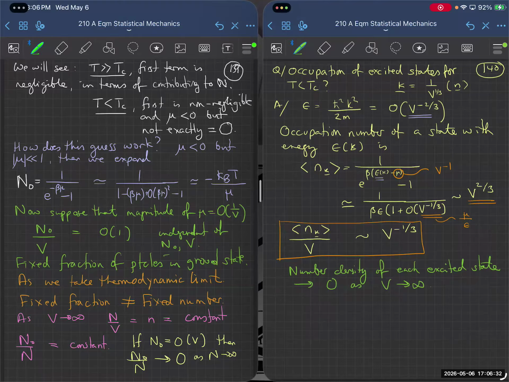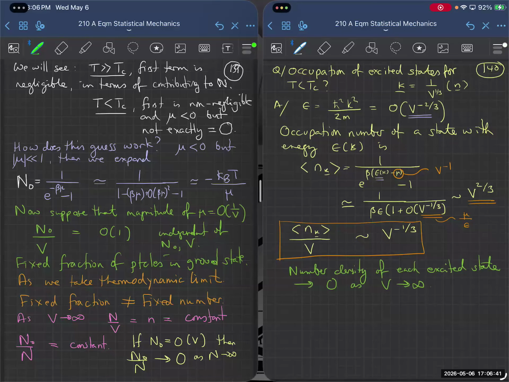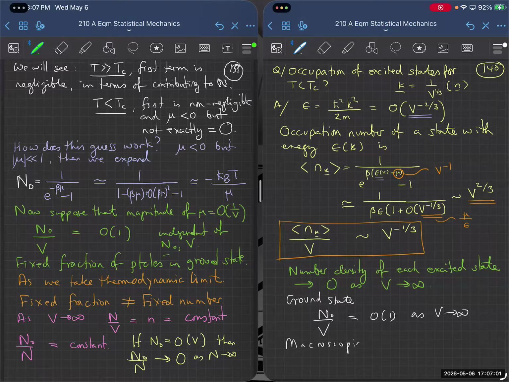But the sum of all of those is non-zero and scales like N. So that's all fine. But for the ground state, n0 over V is a number of order 1 as V goes to infinity. And so the ground state is macroscopically occupied, and the excited states are not macroscopically occupied.